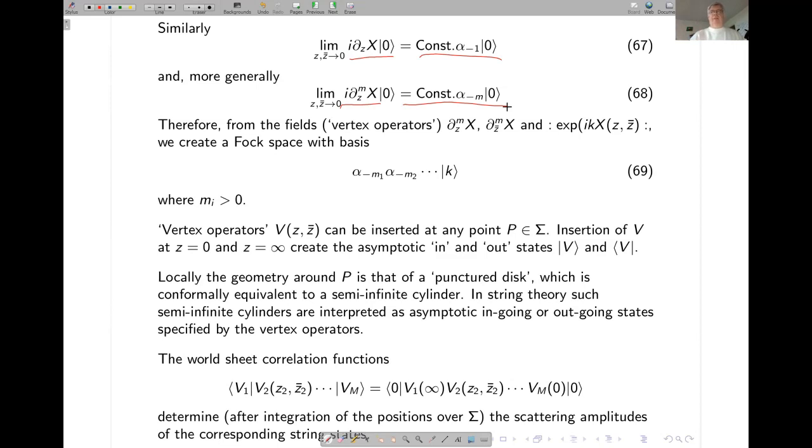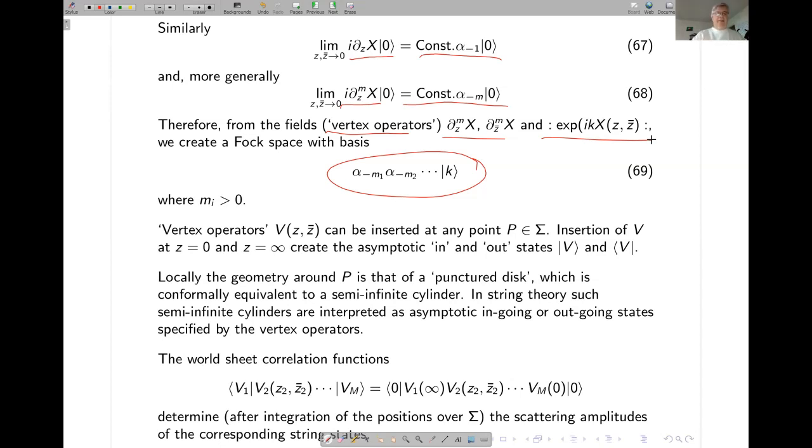But momentum eigenstates with an arbitrary chain of alpha minus m's applied are the basis of our Fock space, as we know from our sketch of quantization from part 2. That means that the fields, or as we call them in string theory, the vertex operators, derivatives of x and normal ordered exponentials, are precisely the operators which we need to create all the possible states.